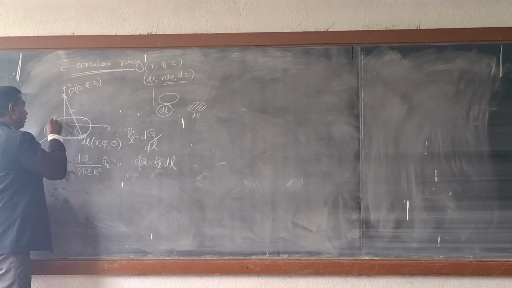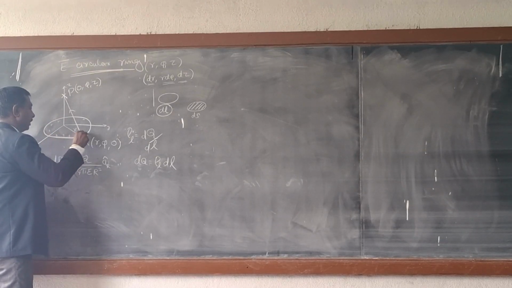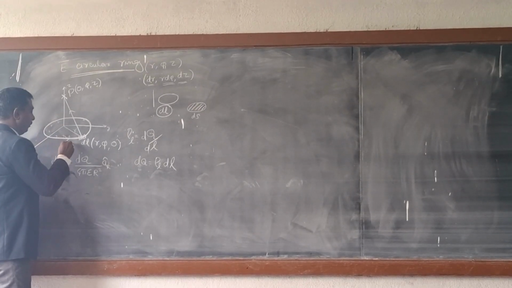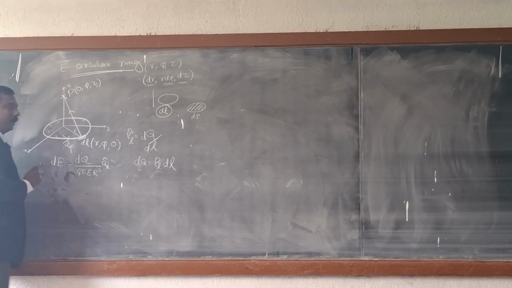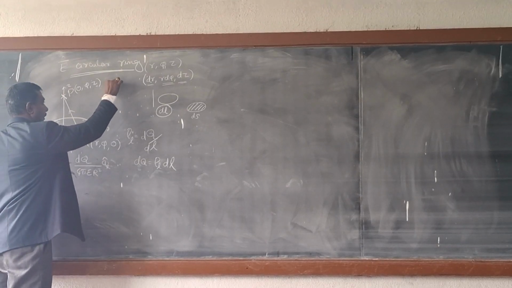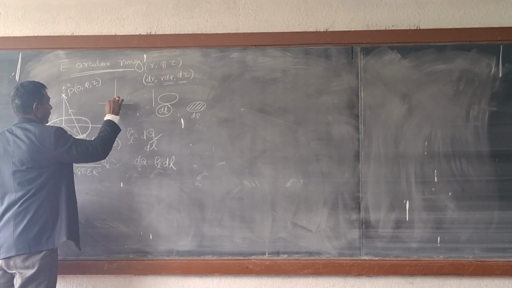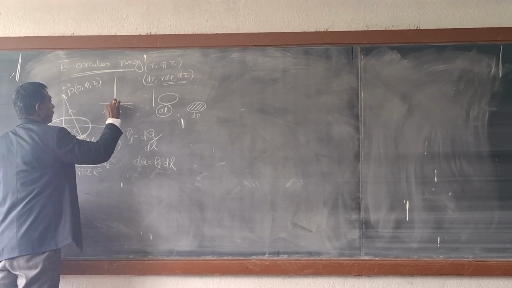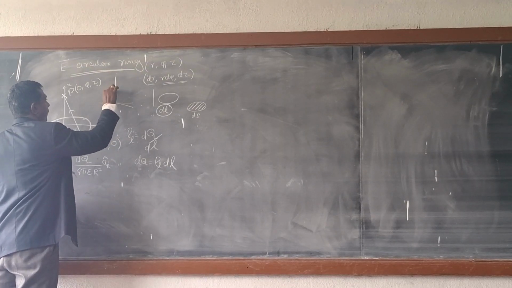If you travel along this ring, the direction will be phi, right? In the last case, the line is on the z-axis. If you travel along this charge, it will be in z.